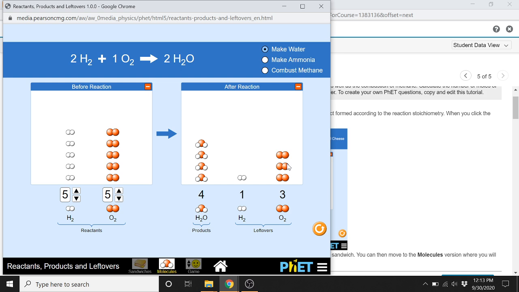If you had an ingredient, let's say you're making cookies, and you use up all your sugar, and you have flour left, you would call that flour excess, right? So the oxygen in this case is your excess reagent, isn't it?